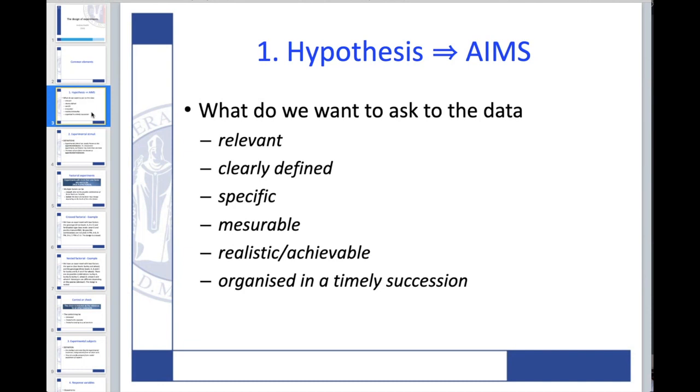It must be relevant, it must be clearly defined, it must be specific, mainly it must be measurable. It must be realistic and achievable. We cannot ask the data something which they can't answer. And it must also be organized in a timely succession.